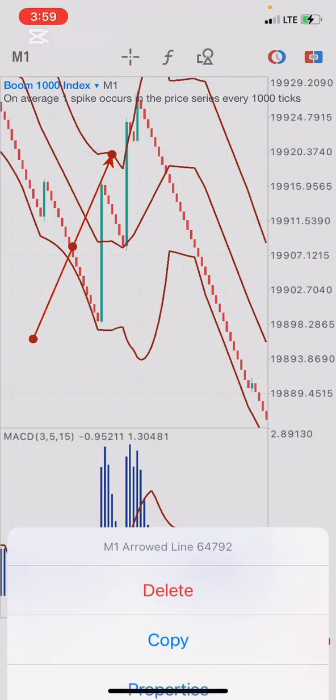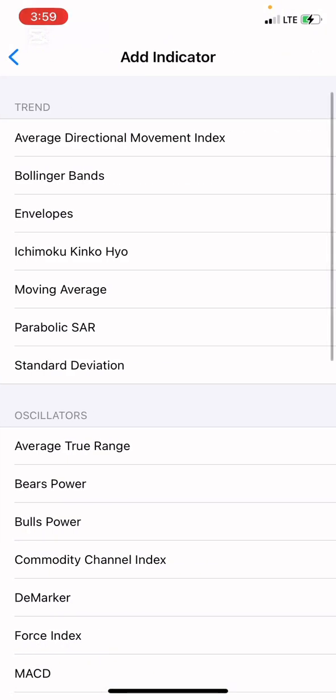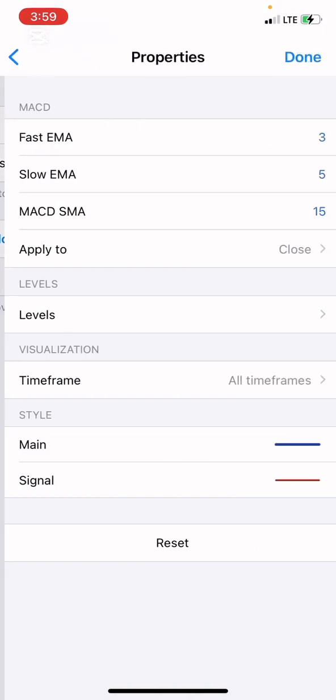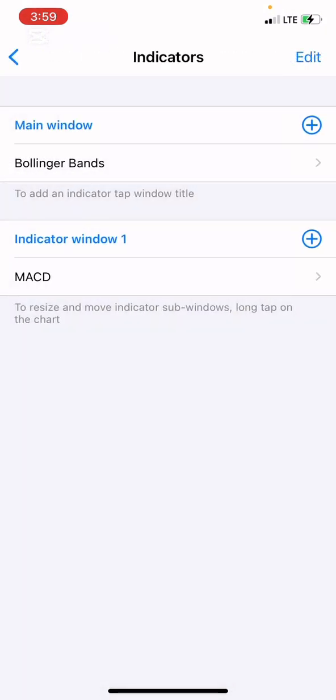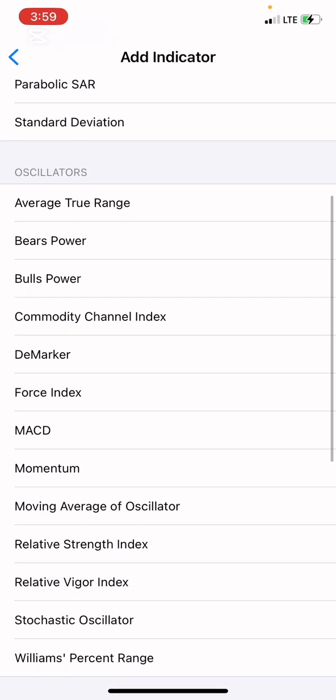Okay, and let's go ahead and add the other indicator, which is the MACD. MACD indicators are oscillators. This is the MACD. If you click on your indicator tab, MACD is under oscillators.